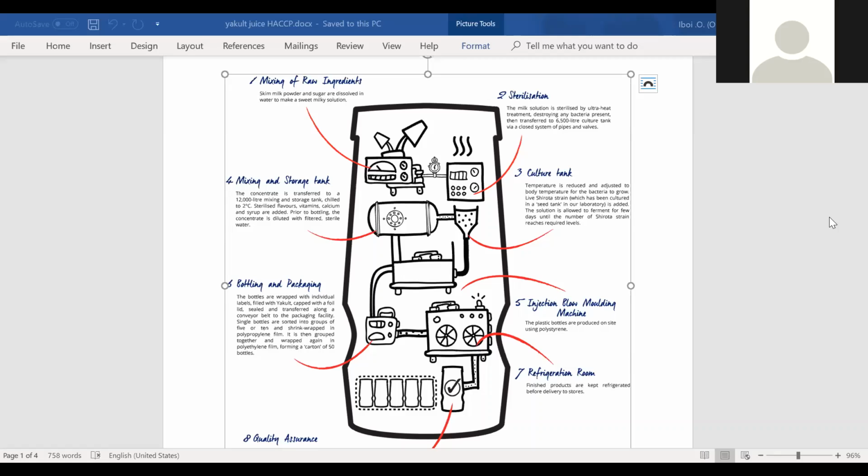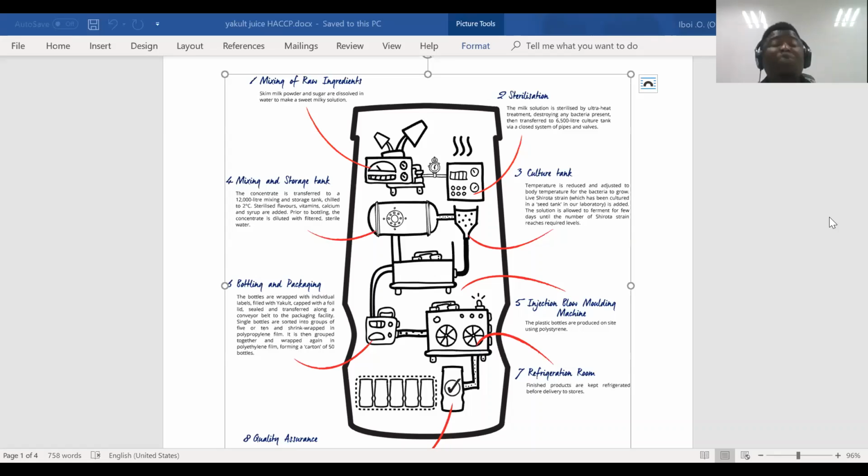Under PRP, let's assume we already have prerequisite programs, like cleaning and sanitization, pest control, personal hygiene, storage of material, and incoming inspection.